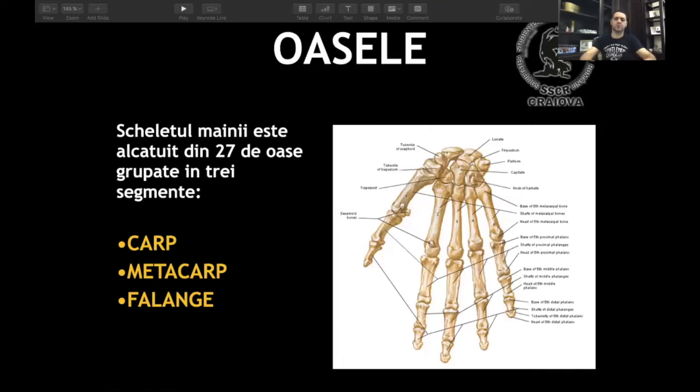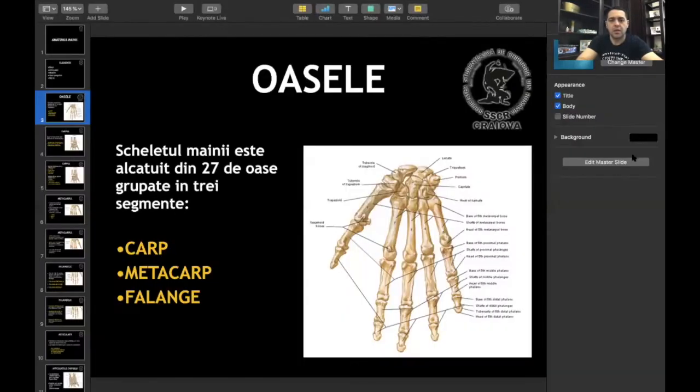Now, the skeleton has about 27 bones. We have carpal bones, metacarpal bones, and phalanges. The carpal bones are this projection on the surface anatomy. Now we have the metacarpals around here, and we can see or palpate them on the dorsum of the hand. And of course, phalanges.